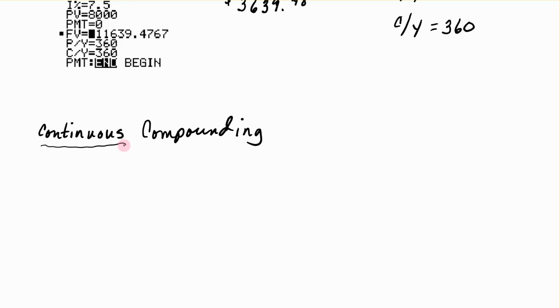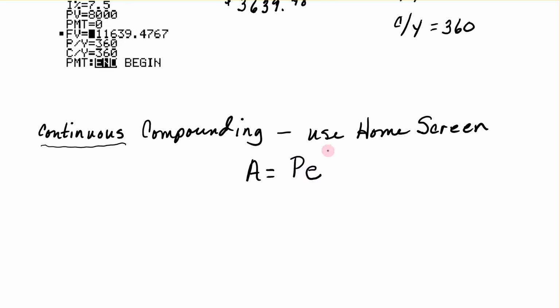It says continuously or continuous compounding. We do not use the TVM. We use the home screen. And the formula is future value, A, is equal to P times E to the RT.